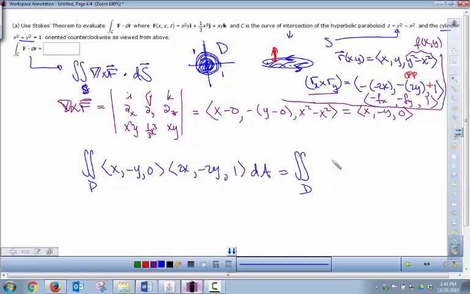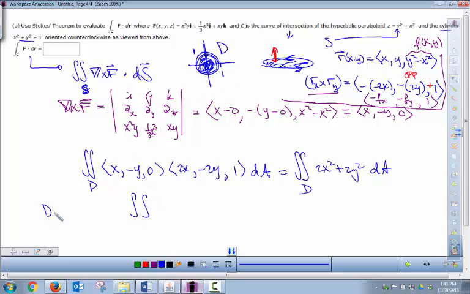But after we dot this, we get an x squared plus y squared, and we're dealing with circles, so polar coordinates would be great. All right, so let's go polar here.